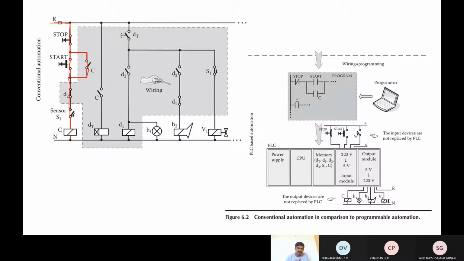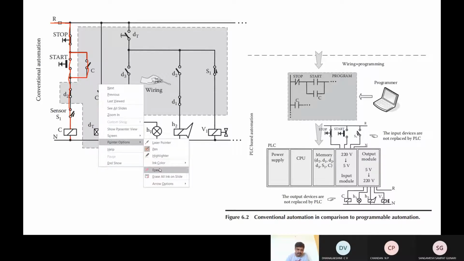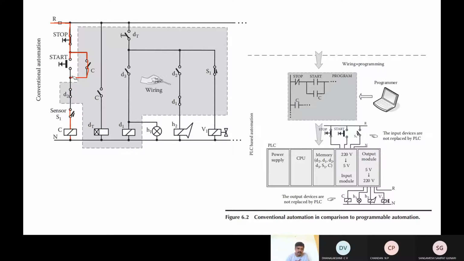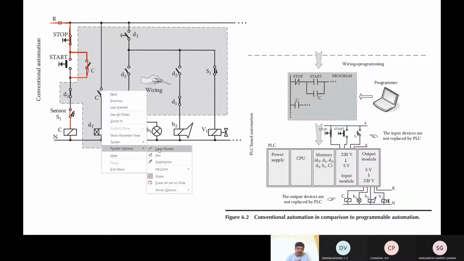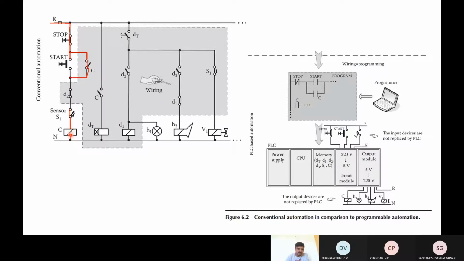Even after removing the start button, power will flow in this path. Simultaneously, since it is linked to this also, it will also close, and power will flow through this path also.